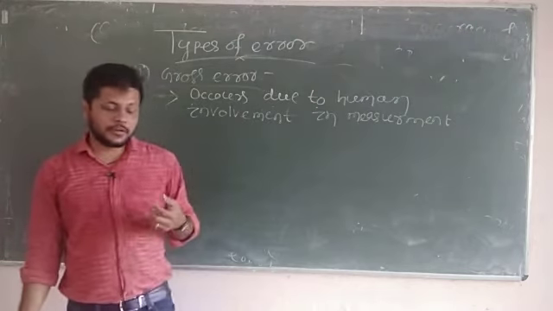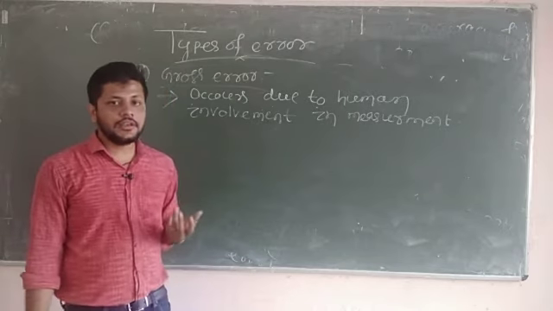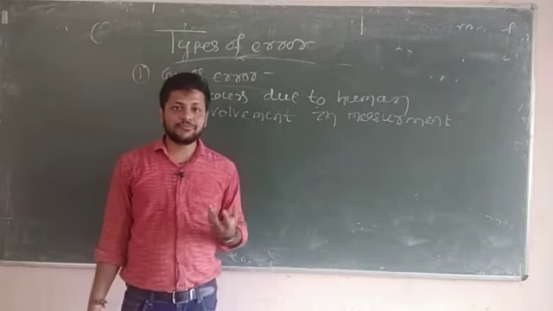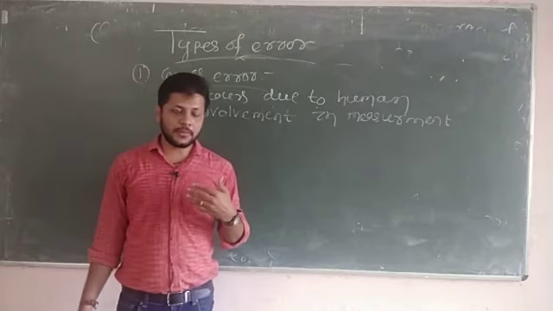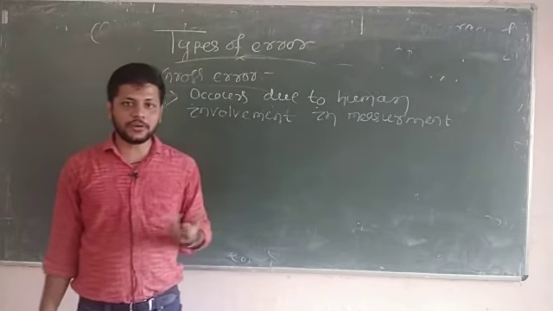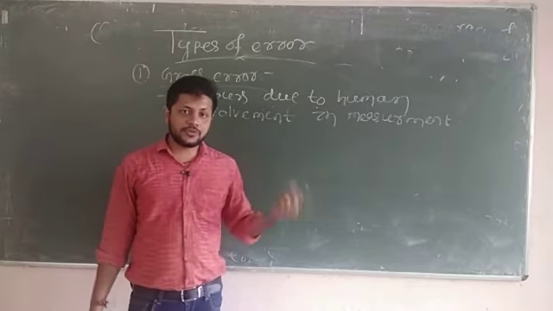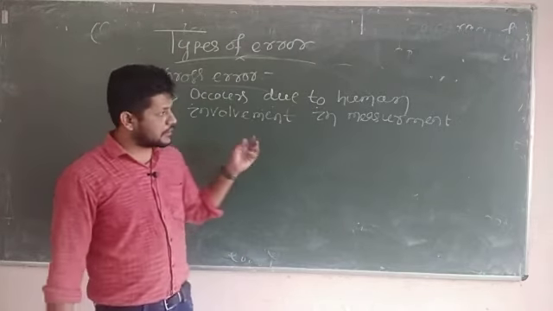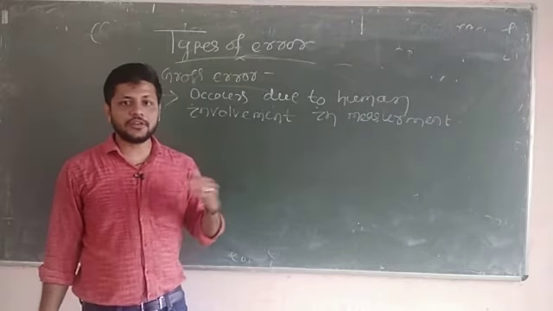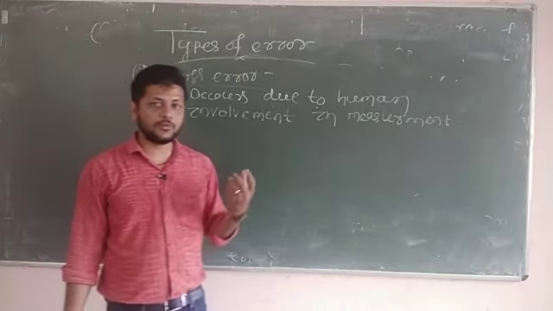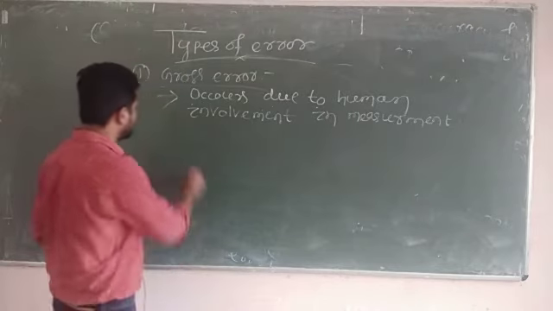That's why nowadays the measurement is mostly carried out automatically. It is not that any human is going to measure the current or voltage. In that way we can reduce the gross error. So in order to minimize the gross error, we need to minimize the human involvement. It occurs mainly due to human involvement in measurement.